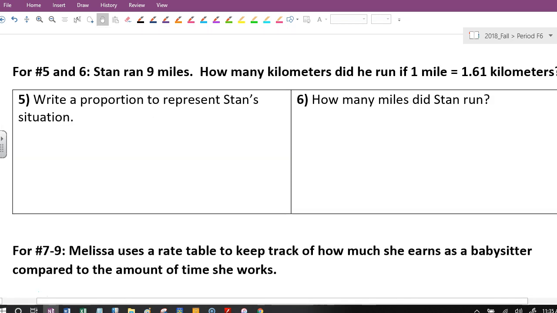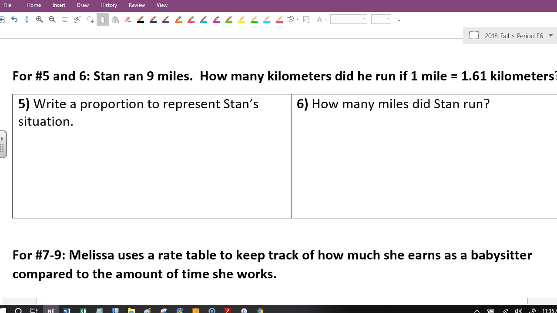Stan ran 9 miles. How many kilometers did he run? If 1 mile equals that many kilometers. Go ahead. So we want to put a proportion from miles to kilometers.